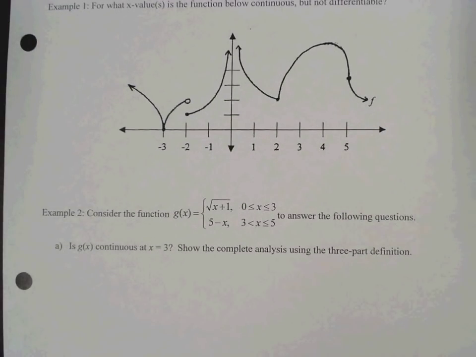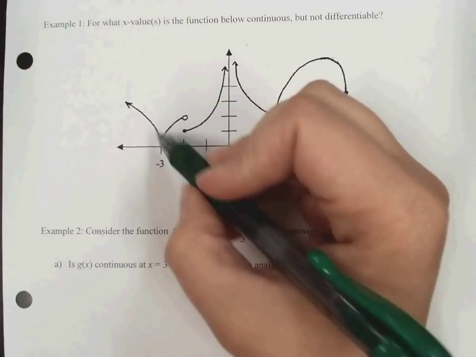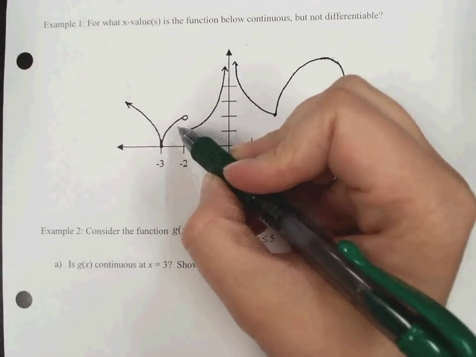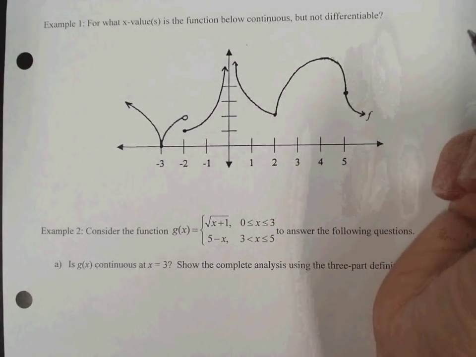Okay, I'm on page 113 now. It says, for what x values is the function below continuous but not differentiable? So continuous means that I'll be able to draw without picking up my pencil through that x value, but not differentiable.